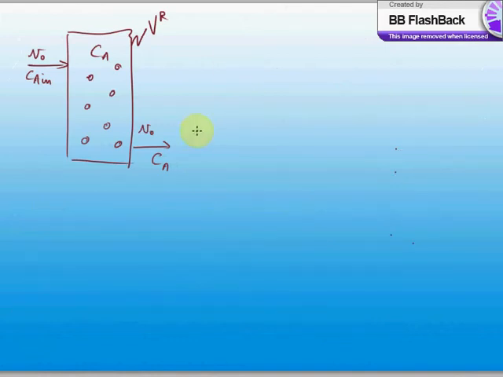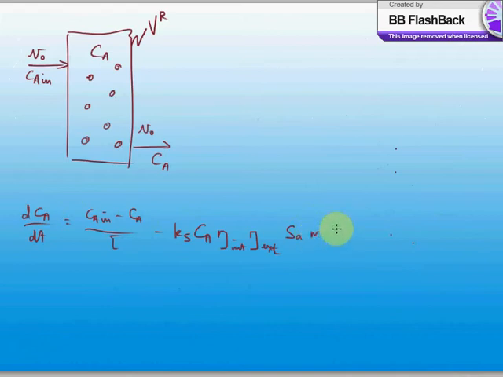So we've got dCA dt is equal to Ca in minus Ca over tau minus Ks Ca eta int eta ext. So that's the area based rate, and we have to multiply that by SA times mcat divided by the volume of the reactor.